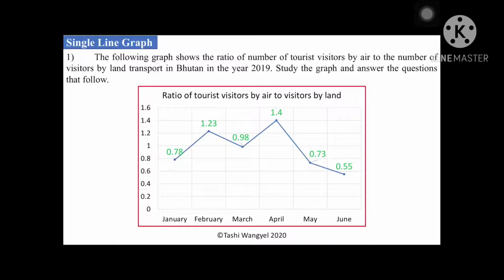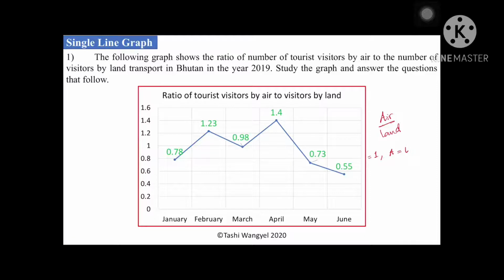Here the ratio is number of visitors by air to number of visitors by land. If the ratio is equal to 1, then number of visitors by air is equal to number of visitors by land.